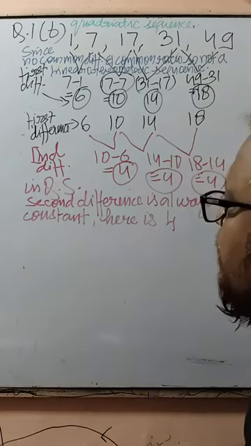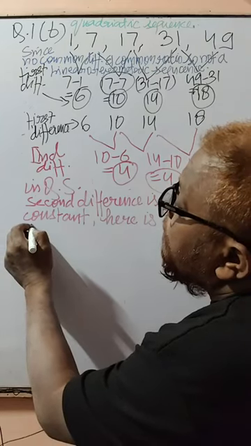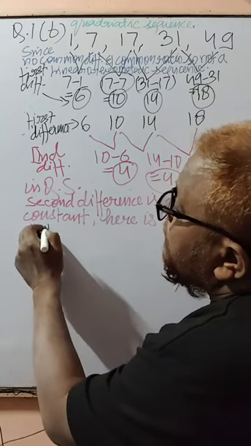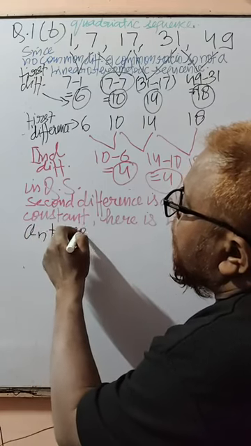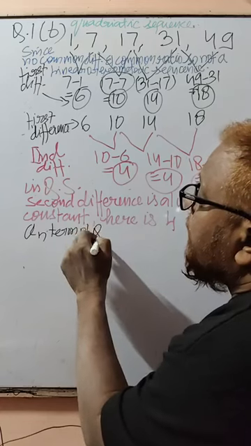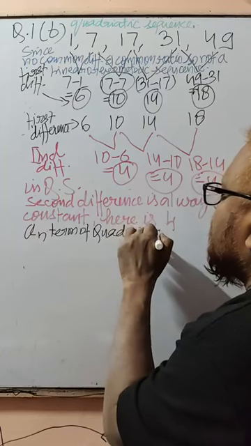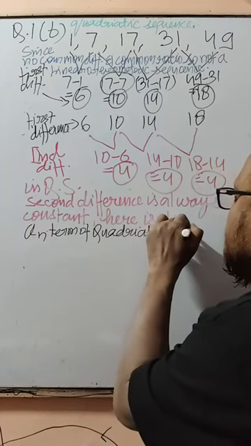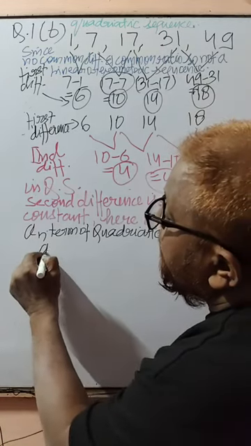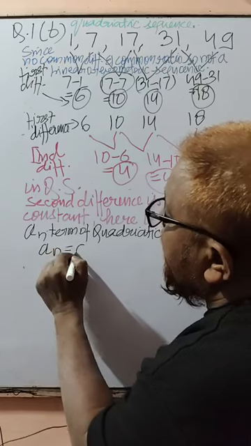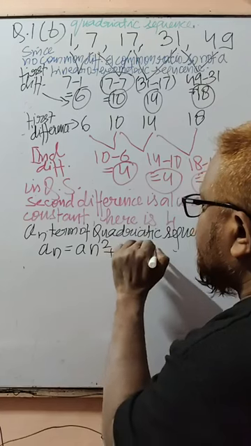Now the nth term of a quadratic sequence is equal to a n square plus bn plus c.